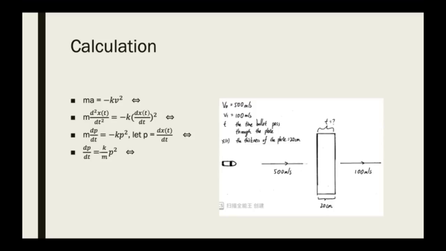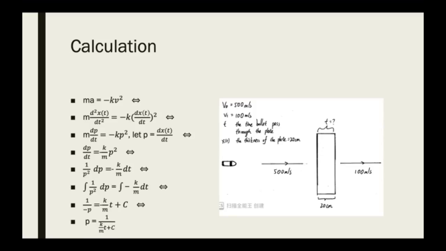Move m from left to right and move dt to the right. Then we can add the integral to both sides and solve these two integrals. We can get this formula.